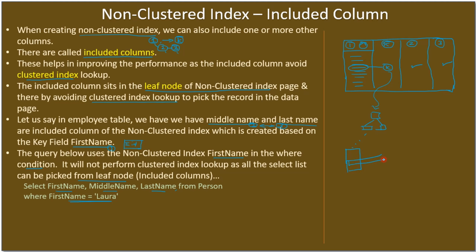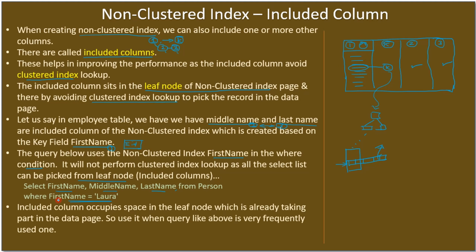Then it picks the specific record offset, picks the salary column and retrieves the data, right? So that's the use of included columns. The disadvantage is, for example, that included columns occupy space in the leaf node, which is already taking part in the data page. So this is the data page right here.